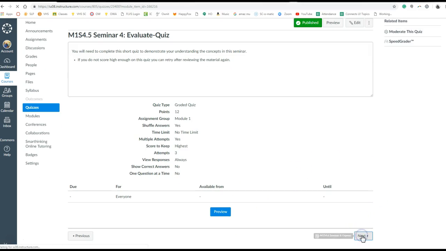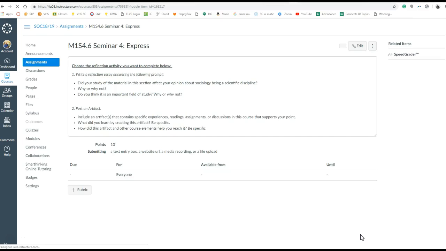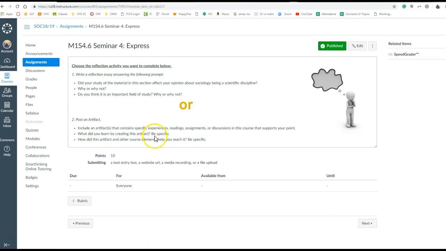And the last thing you're going to do is the express part, all right? What I want you to do is think about the study. Did the material in this section affect your opinion about sociology as being scientific, all right? A lot of people think that sociological research is just sitting in a bar watching other people drink.